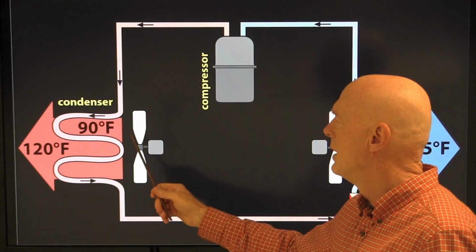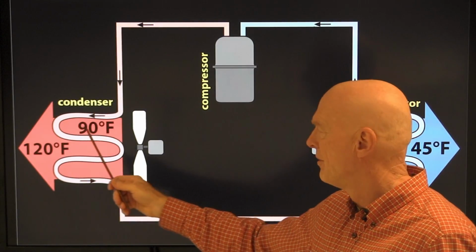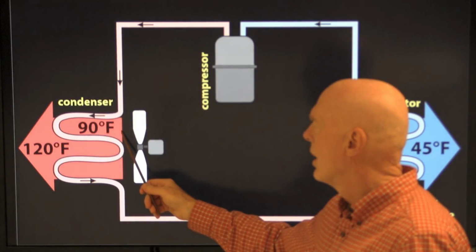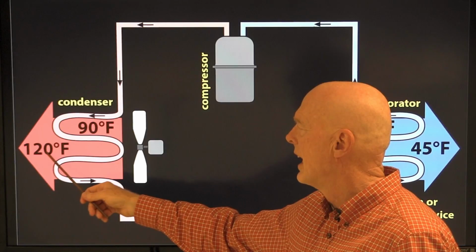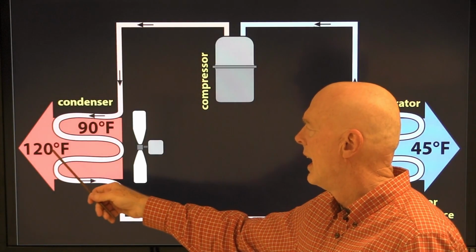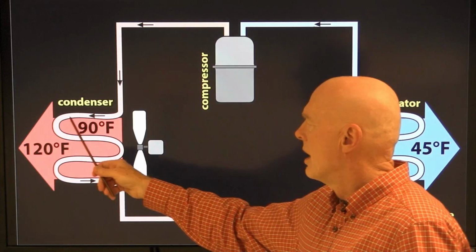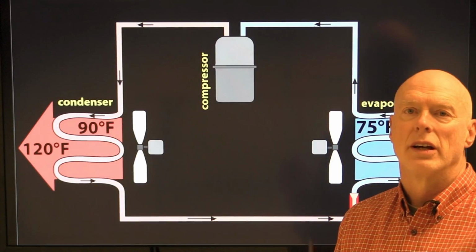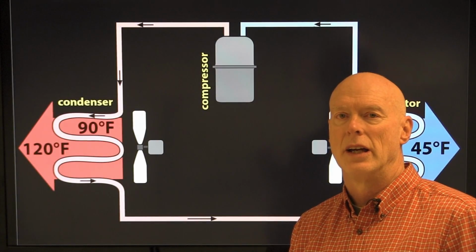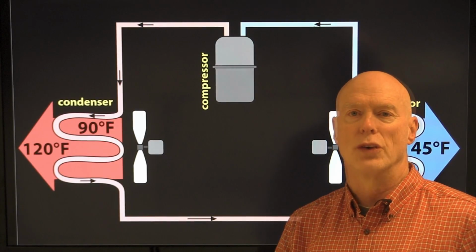Actually, it would be much higher than that. And so we get the air coming in at 90 degrees and coming out at 120 degrees. And so that's how we're moving the heat from the building to the outdoors.